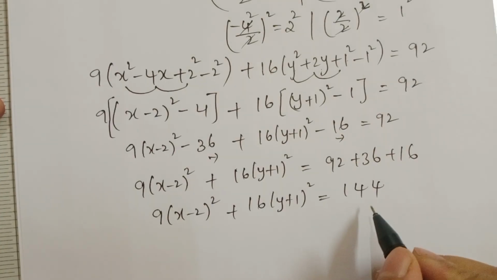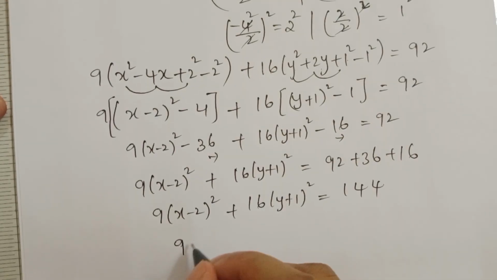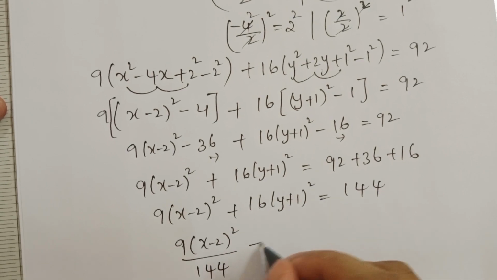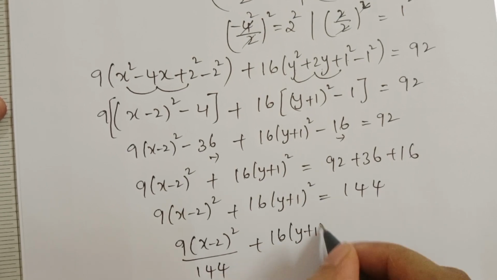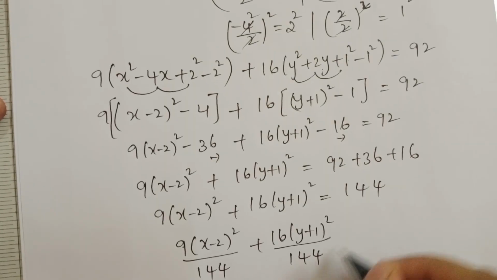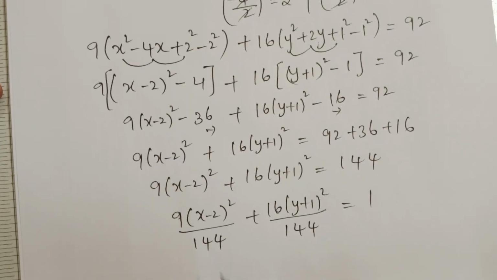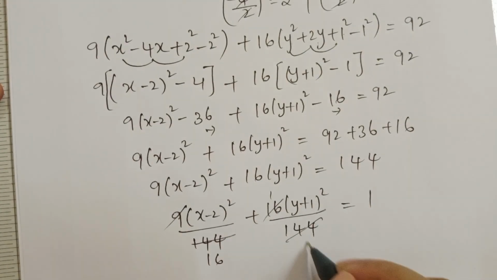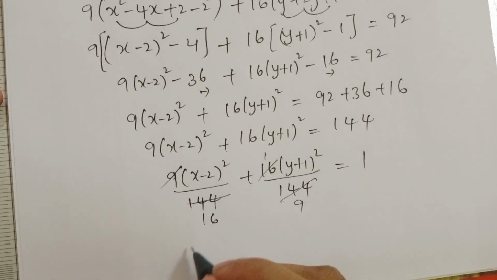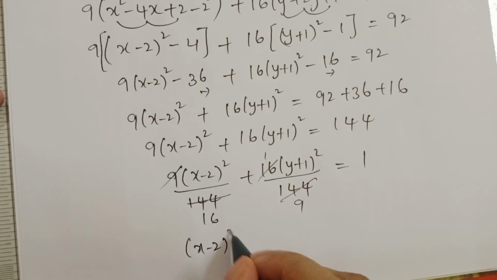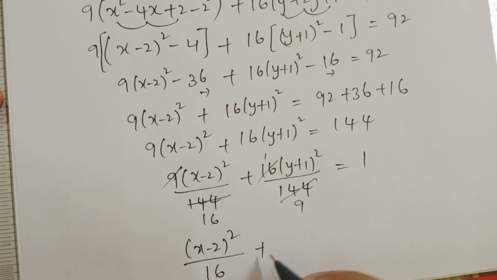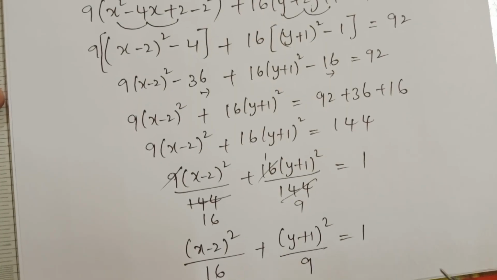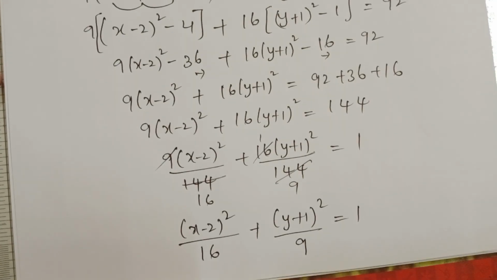Now dividing by 144 on both sides, we'll get 9 into x minus 2 whole square by 144 plus 16 into y plus 1 whole square by 144 equals 1. So 144 by 9 is 16 and 144 by 16 is 9. We'll get x minus 2 whole square by 16 plus y plus 1 whole square by 9 equals 1. So this is nothing but the standard form of an ellipse.